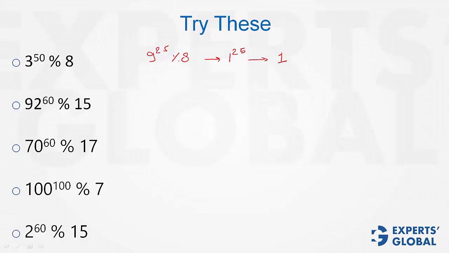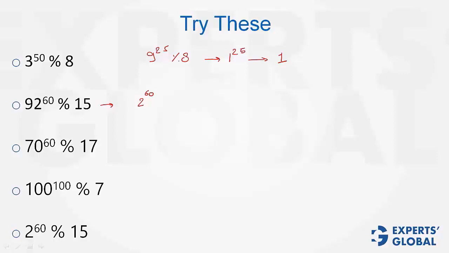The next case, 92 to the power of 60, and we need the remainder with 15. 92, the base, is greater than 15, the divisor. So, first of all, divide the base, 92, by 15 and reduce it. This becomes 2 to the power of 60, because 92 leaves remainder 2 with 15. Now let's try higher powers of 2.